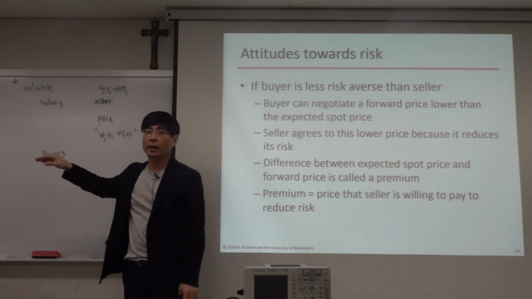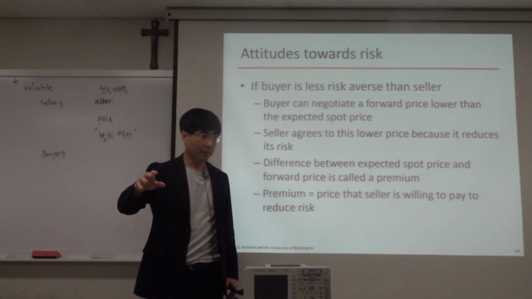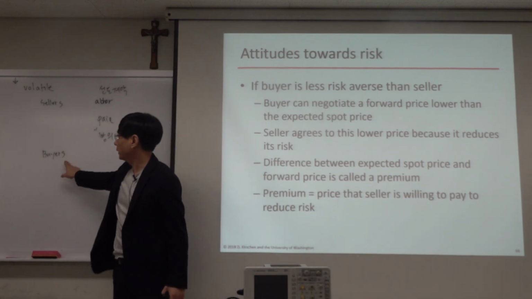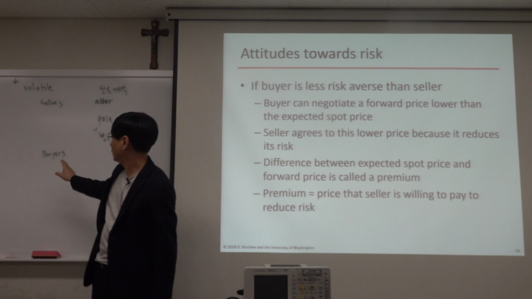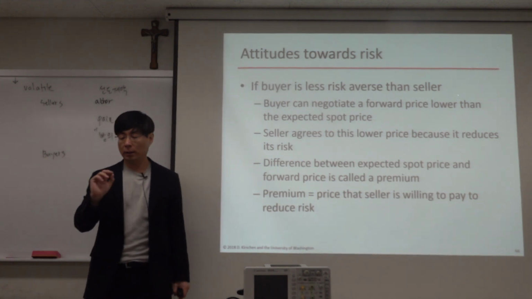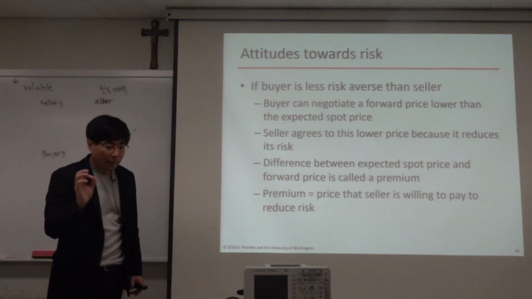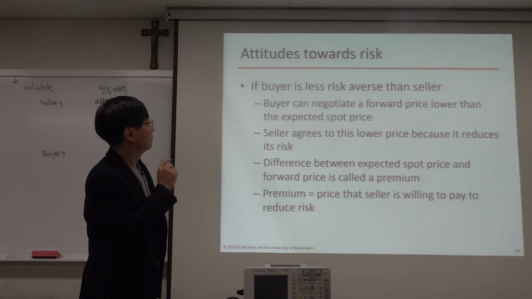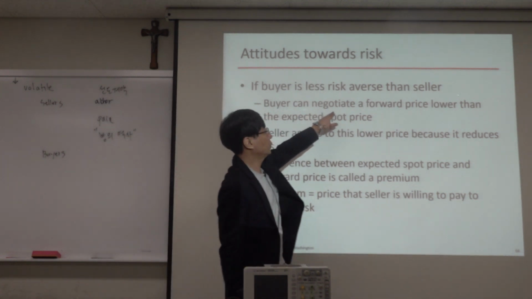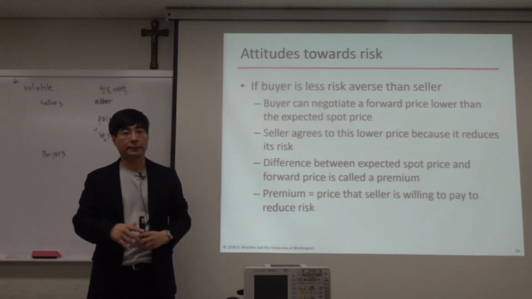He wants to buy at a lower price, but there is some risk. So if he is less risk averse, then he wants to buy at a cheaper price, so the buyer can negotiate a forward price lower than the expected spot price.